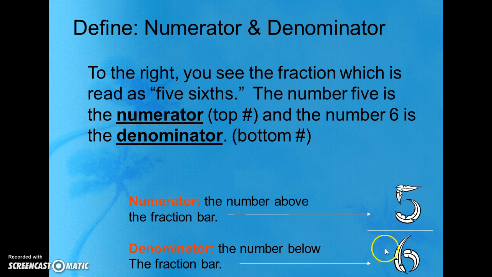So your denominator tells you out of your whole how many pieces that whole is separated into. And then remember, your numerator, that top number, tells you what part of the whole you're looking at. So on this, it's like we have a pizza that's cut into 6 pieces, and 5 of those pieces got eaten, something like that. Okay, so you can use those visuals to picture that 5/6.